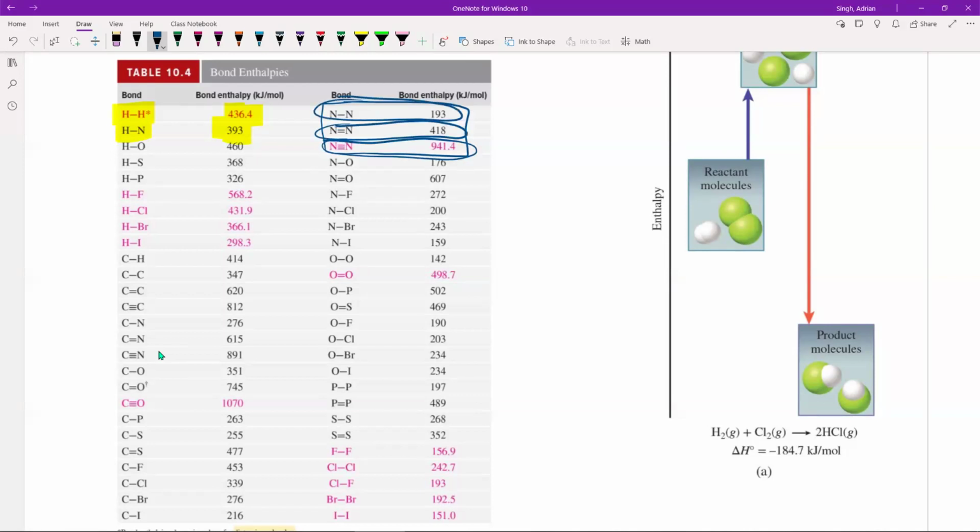And as we know, if we're comparing two atoms that are similar and they're connected by covalent bonds, multiple bonds are stronger than individual bonds. In other words, a triple bond is generally stronger than a double bond, which is generally stronger than a single bond. That's exactly what we see in these values here. The triple bond requires a lot more energy to break than a double, which requires more energy to break than a single bond.